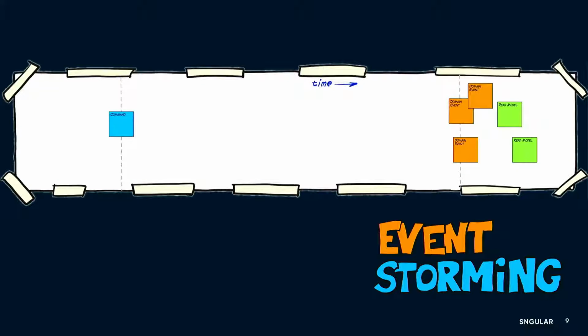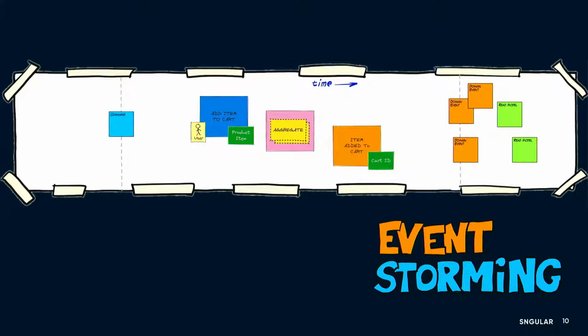And also small picture event storming that we can use to design our software from commands, preconditions, to outcomes or domain events. We can use it to design our software from commands to aggregates to domain events.